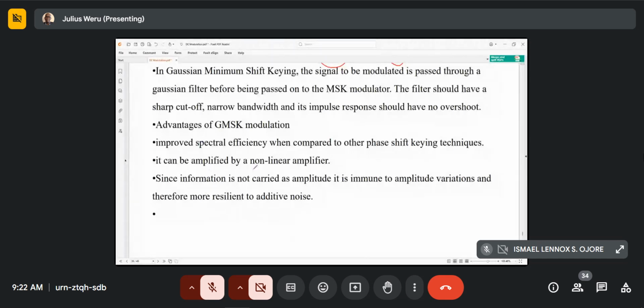They can be amplified by nonlinear amplifiers because we have removed the discontinuities, and it is of course better than ASK. This one we already discussed: being FSK, it has all the advantages of an FSK, plus the advantages of a continuous phase.